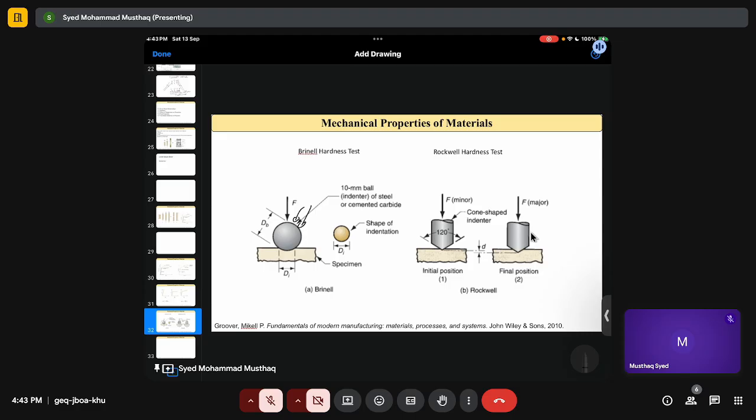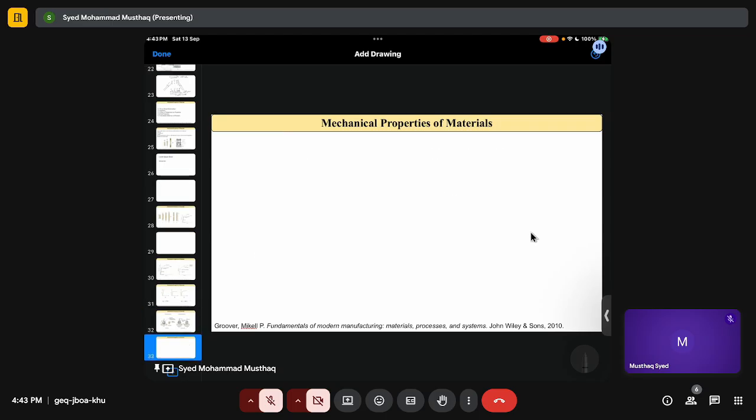So then you need to change your hardness testing. It's basically about which hardness material you are using, and the grade of hardness of what you are trying to deform. Okay, that's all.